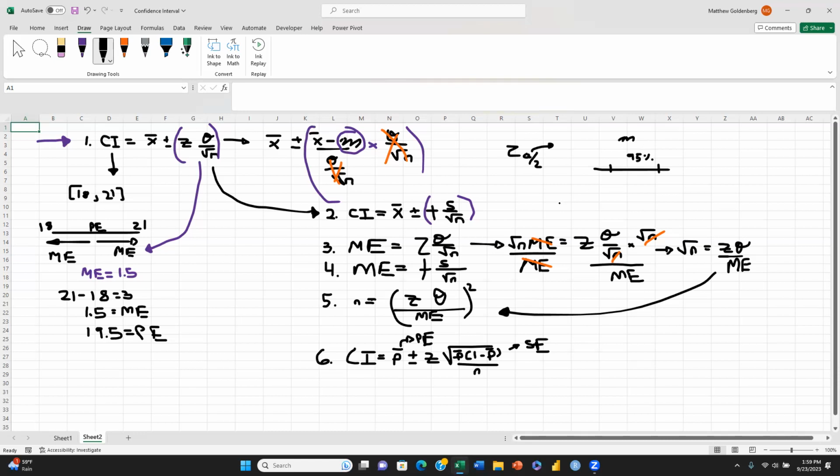But there's 5% of the time you might form an interval, a 95% interval, and form the interpretation that this interval contains the population parameter, and it doesn't. That alpha is that 5% of when you do a random sample, you form an interval to try to estimate the population parameter, and it doesn't contain the population parameter.